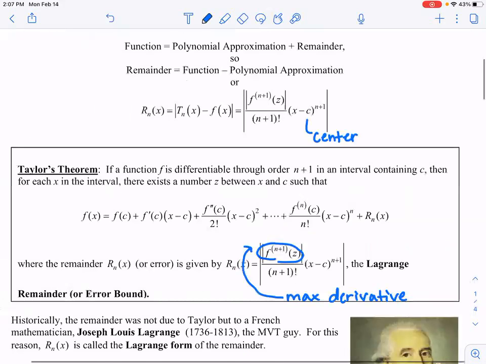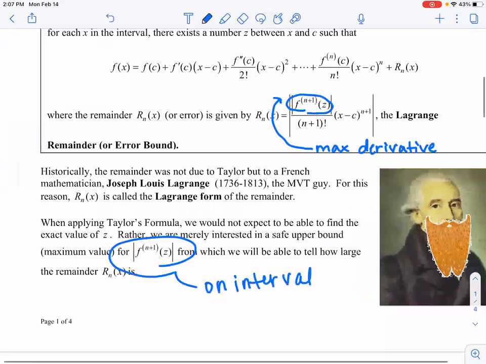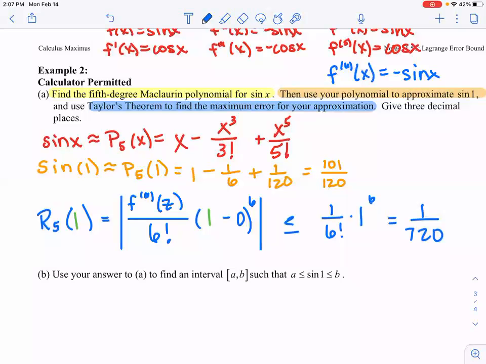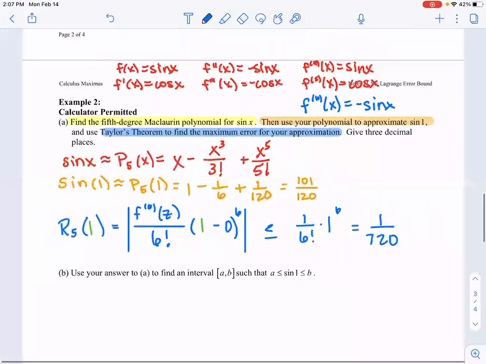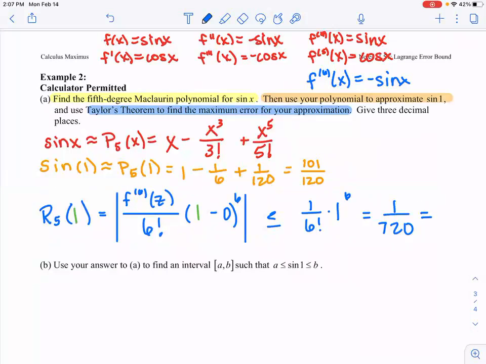So what do we do next? So we just have to plug that in for the whole f to the n plus 1 of z. Okay, so do this. What is 1 divided by 720? Okay, you have a calculator in your hand, Andre. This is like the one time you could be helpful. What is 1 divided by 720? Zero, zero, one.